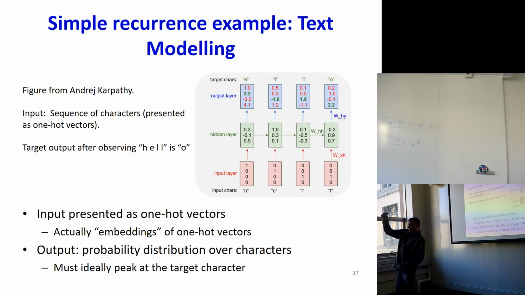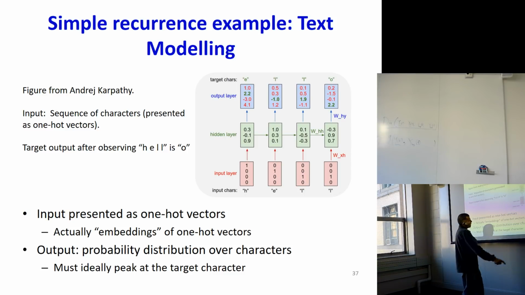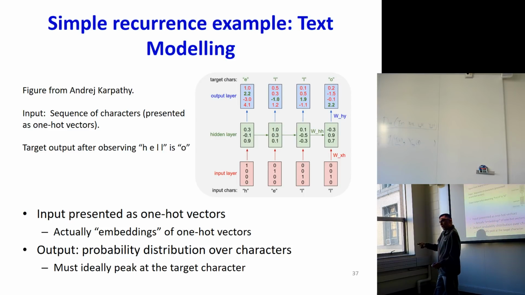So if my symbol set has V possible elements in it, each symbol becomes a V-dimensional vector where all components but one are 0, and one of them is 1, and the specific component that is 1 is at the index corresponding to the symbol that is represented by that index, right?